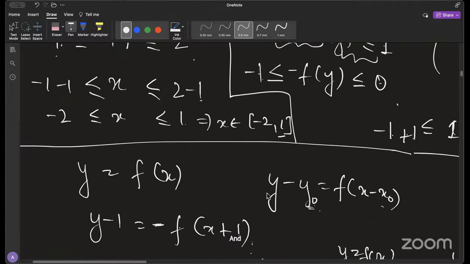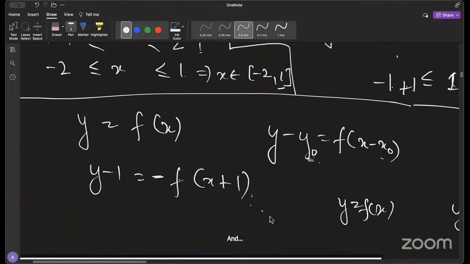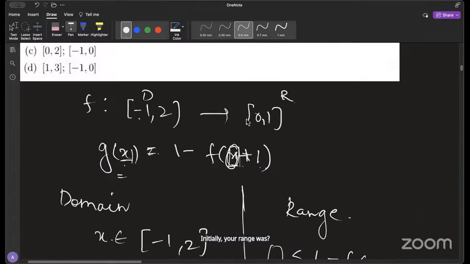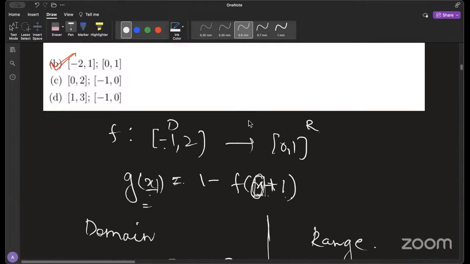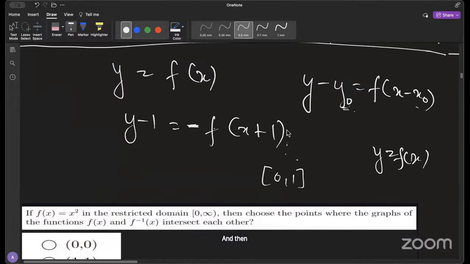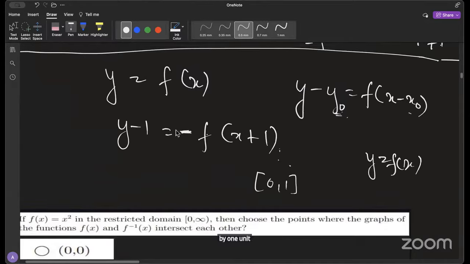First the entire thing gets shifted, and then the negative sign is also there. So initially your range was, what was it, 0 to 1, and then you shift it by 1 unit. So you have 1 plus 1 here, minus subtracted from here. That means it's shifted to the right.